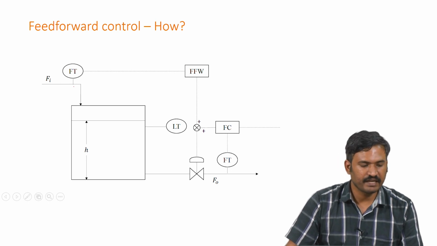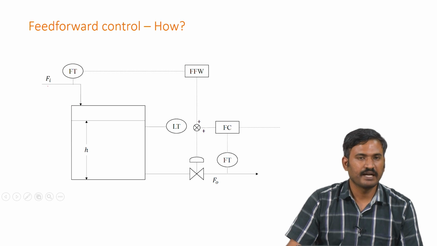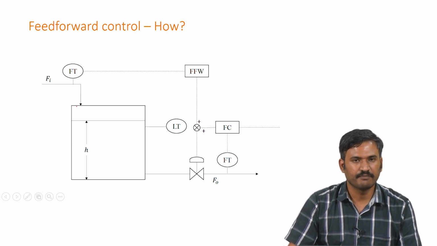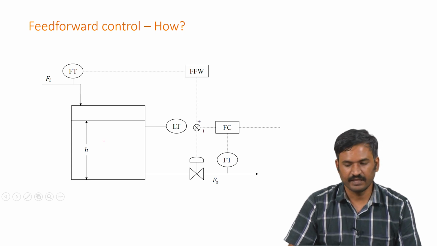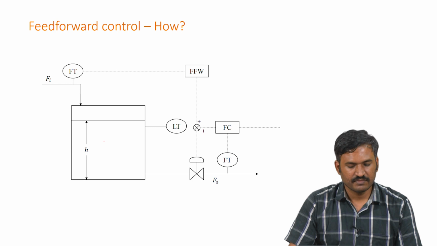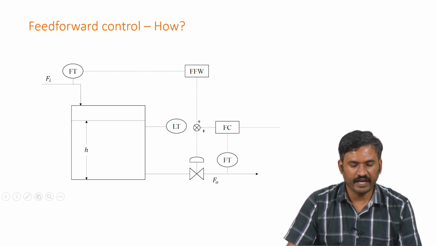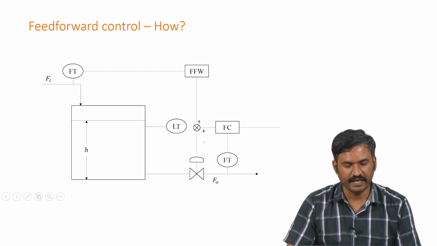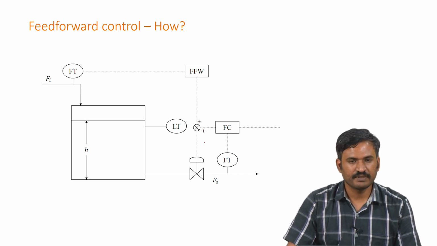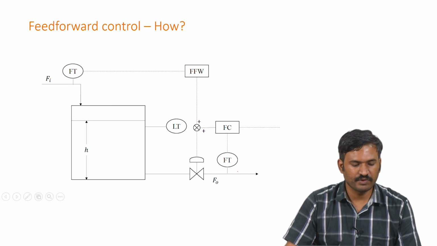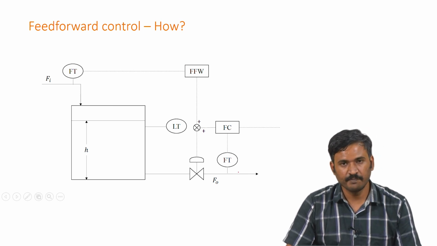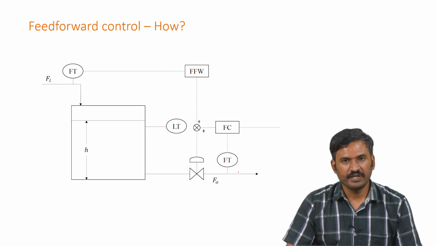Suppose the inlet flow is measured and has much variation, then the level of the tank will keep on varying. Because of that, you will have variations in the outlet flow also. If you have cascade control in such a scenario, then you may end up having oscillations in both level and flow. That may not be desirable.